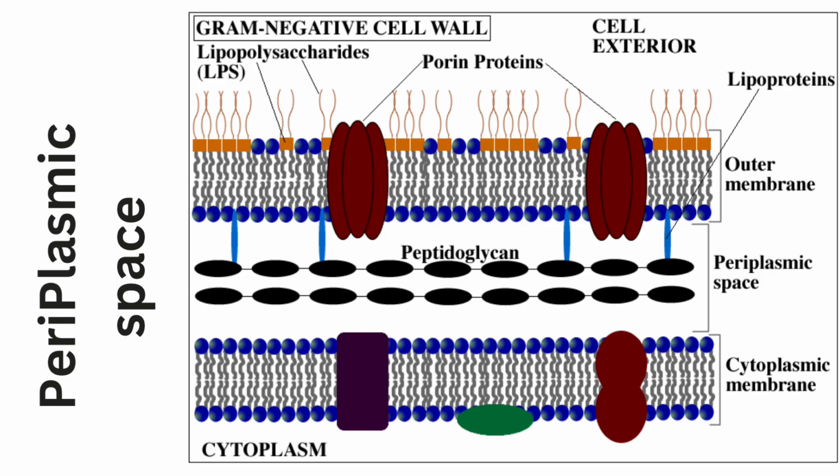The periplasmic space is a clearly defined gel-filled region between the inner and outer membrane in gram-negative bacteria. It is a specific space that is not present in the same way in gram-positive bacteria because they lack the outer membrane. This space is significant for various functions and includes a variety of enzymes and proteins.